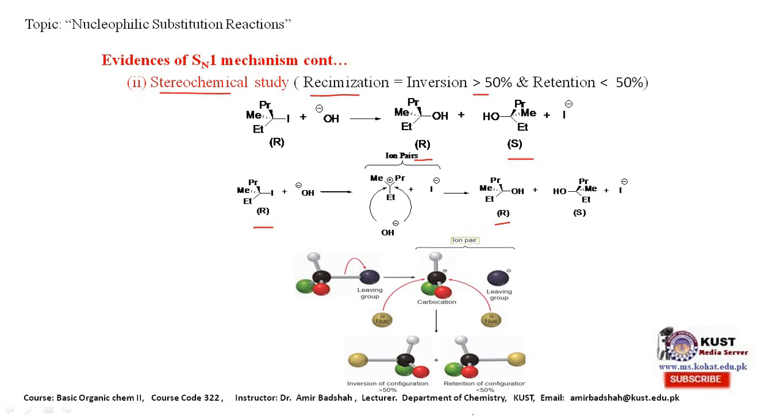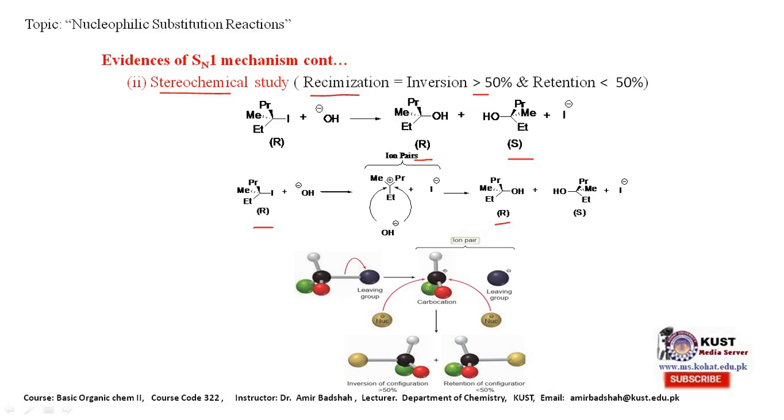It has been shown here through a model that when the leaving group leaves, a carbocation is obtained. This carbocation can be attacked from the front side as well as from the back side. When it attacks from the front side, the configuration will remain the same.